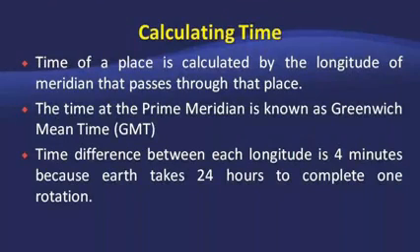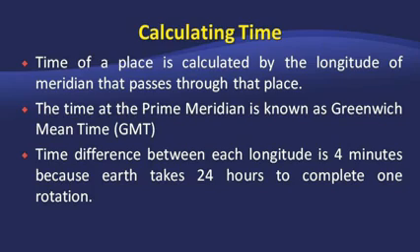Now we will discuss calculating time. Students, when the sun shines directly on a particular meridian, any place situated on that meridian has midday or noon. The time of a place is calculated by the longitude of the meridian that passes through that place. The time at the prime meridian is also known as Greenwich Mean Time, means GMT.